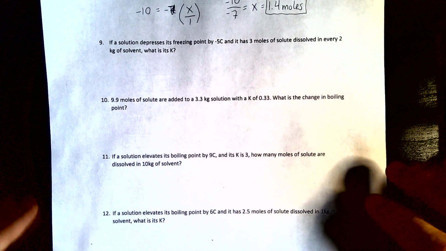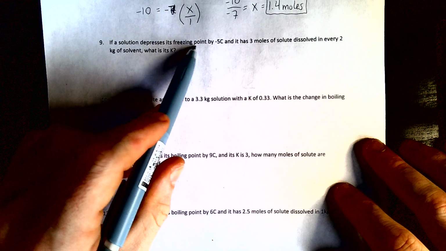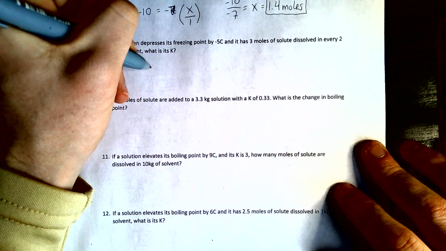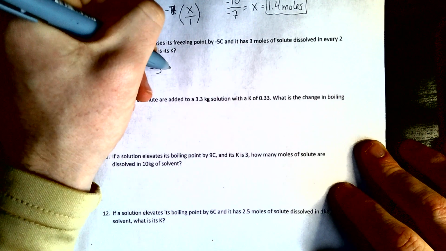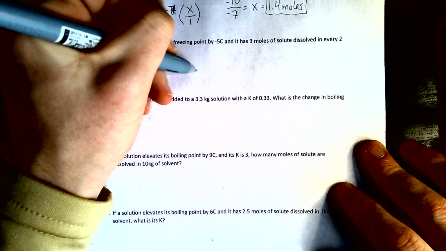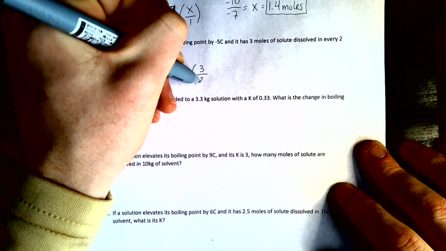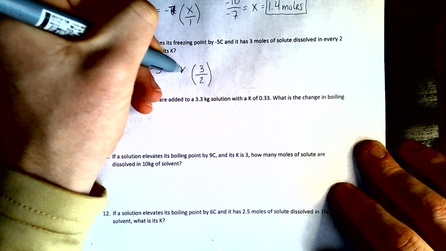Question 9. Solution depresses its freezing point by minus 5. Well, they already included the minus for us there. And there are 3 moles of solute in every 2 kilograms of solvent. What's K?